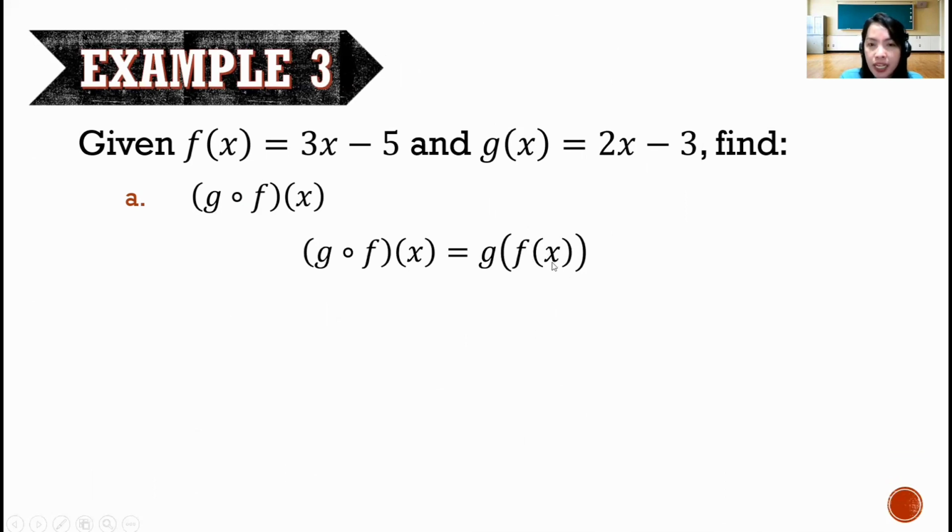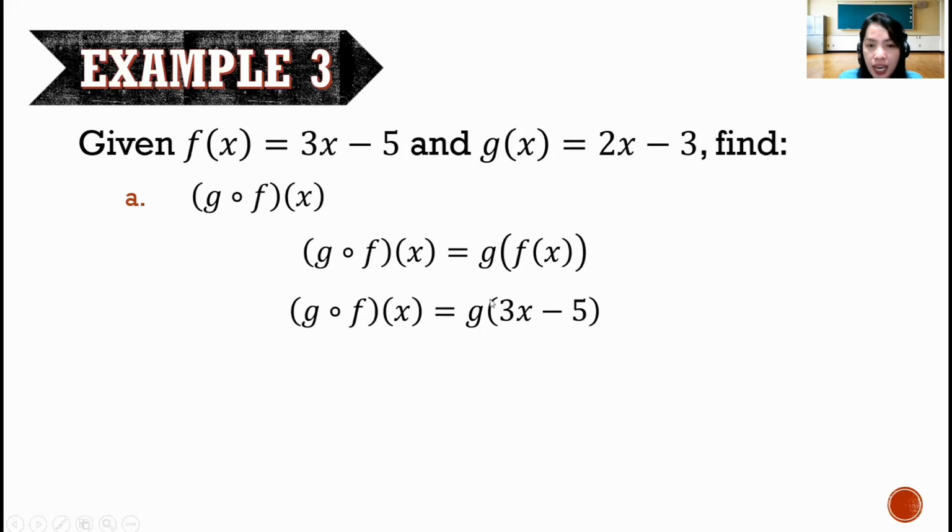From here, ang sabi sa composition of functions, you are substituting or replacing a function into another function. This one, ang value ng f of x ay 3x minus 5. Ibig sabihin, ang value ng x dun sa function na g of x, ang value nito daw ay yung value ng f of x, which is 3x minus 5.